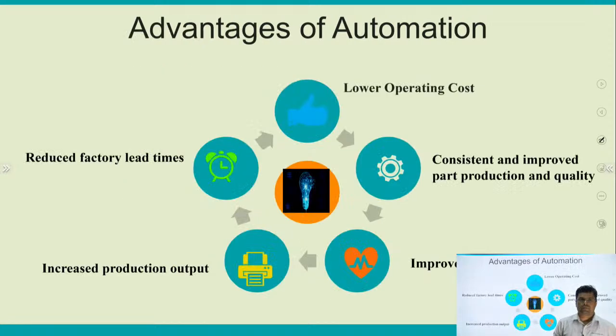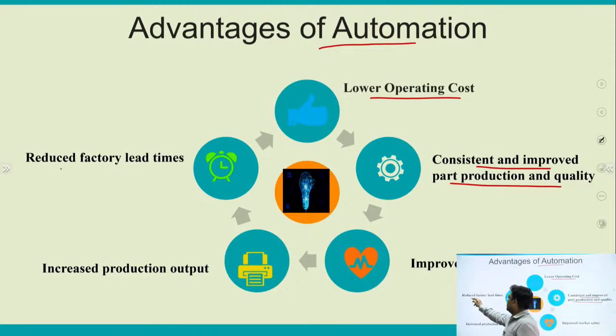Now we conclude with the advantages of automation systems. Their operating cost will be reduced, as I discussed earlier in the second slide, and production and quality will be improved. Their factory lead time, the time to make a product, will be less as compared to a conventional plant.